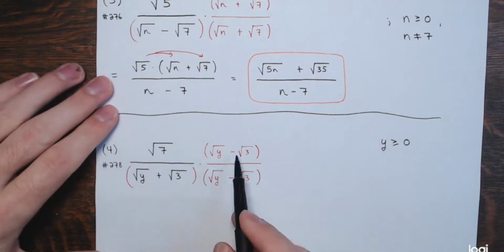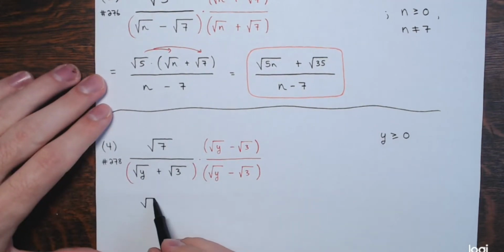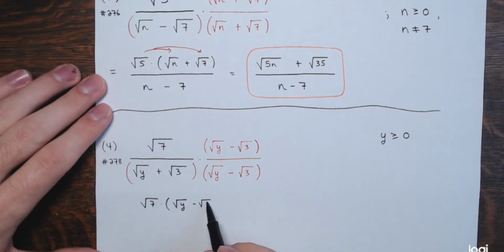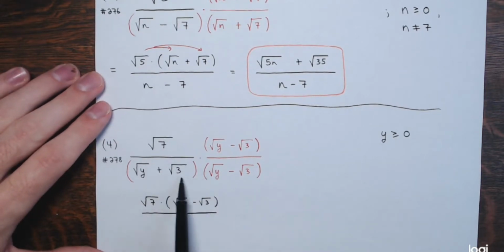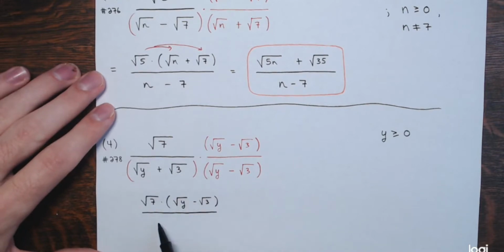And I'll leave the numerator factored for right now. We have the square root of 7 times the square root of y minus the square root of 3, divided by, and then we multiply these two conjugates in the denominator, we'll end up with y minus 3. The square root of y squared minus the square root of 3 squared.